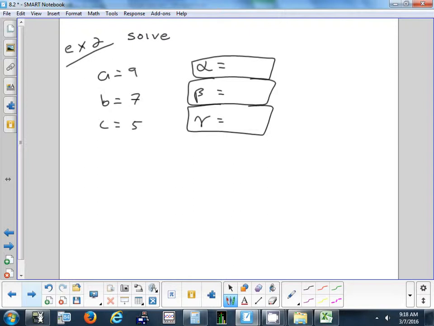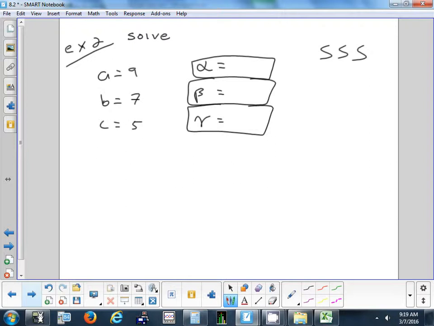Which type is this one? Side, side, side. Clearly side, side, side, because you know all the sides. You don't have a row that's complete, so you can't use law of sines. If you want to try using the law of sines, look what happens. If you pick the first 2 rows, you're missing 2 things. That's no good.